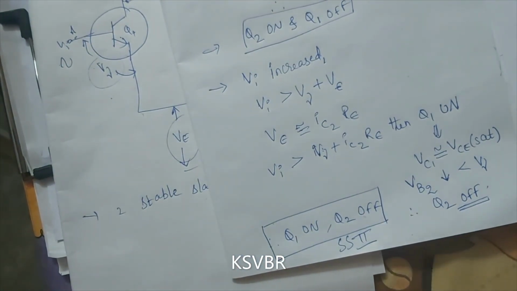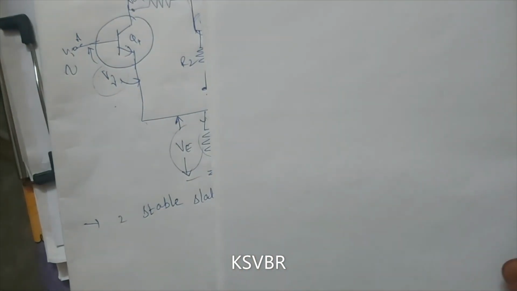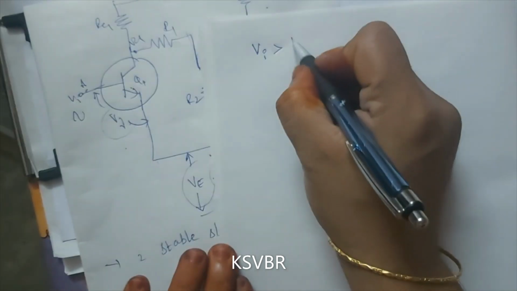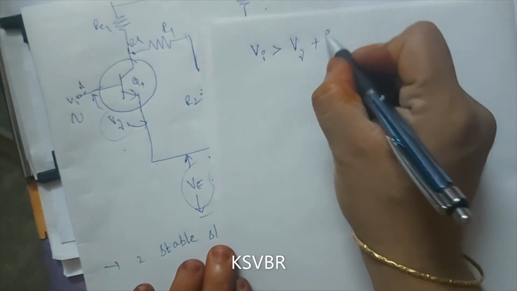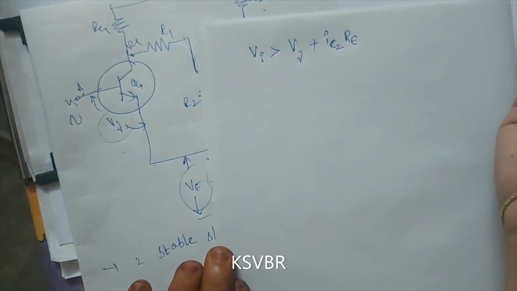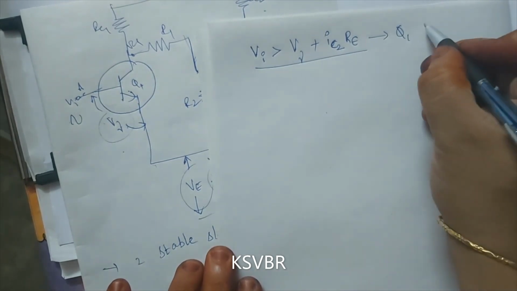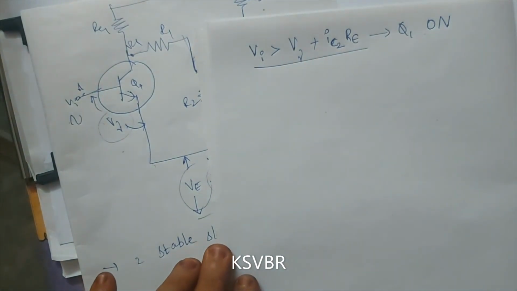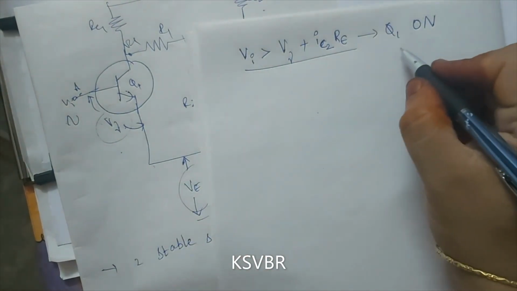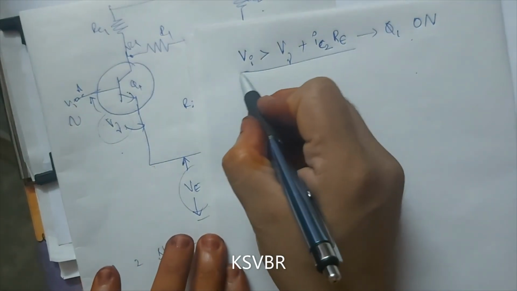Here we have to see an important point, that is V input is greater than V gamma plus IE2 into RE, or else IC2 into RE. This is the voltage where Q1 starts conducting. So at this point only, after this Q2 is in off condition.